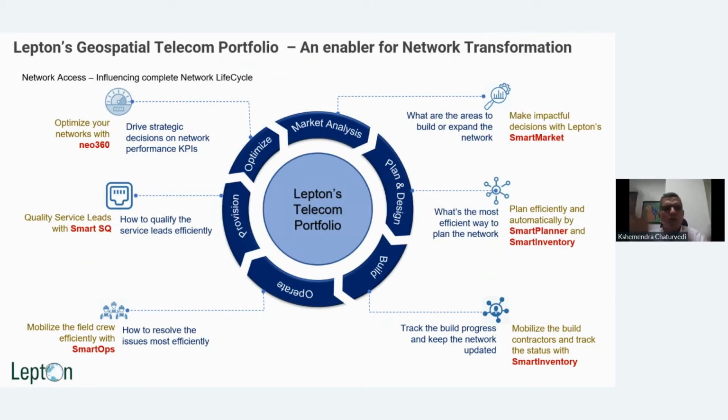So these are the questions you are asked in each phase of the project, and you want a solution that can help you effectively answer them and resolve the challenges you face in each area, not only today but one that can keep scaling up as you expand your networks.